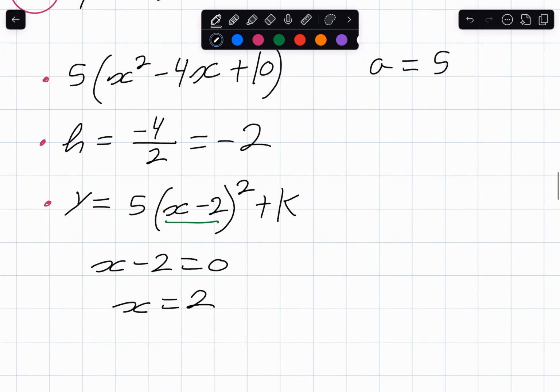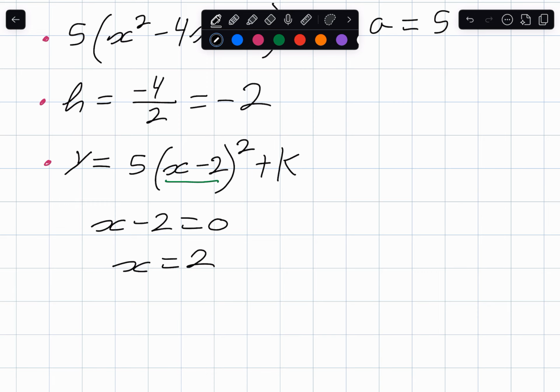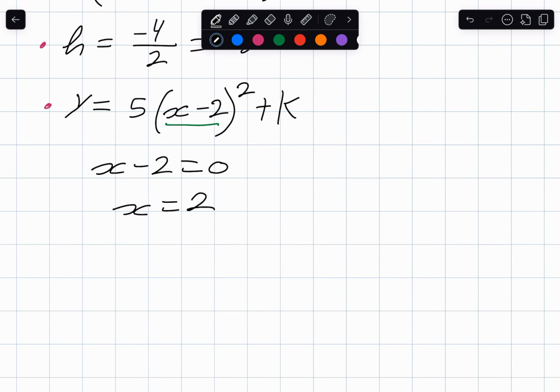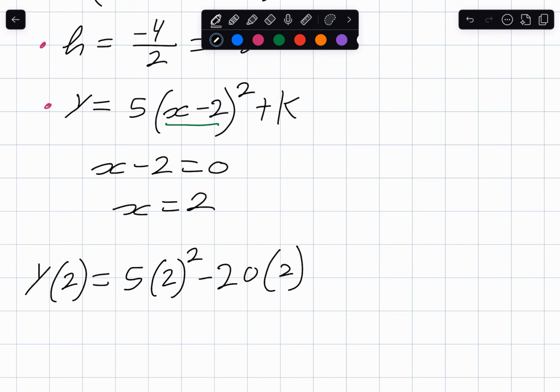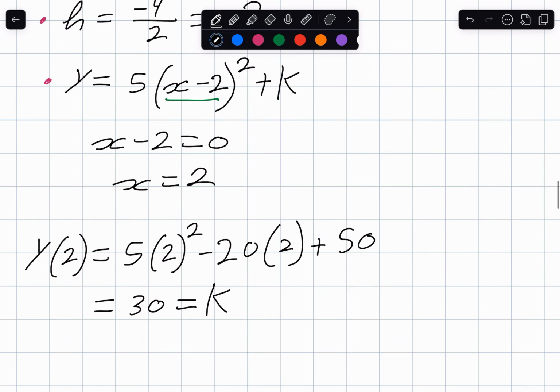And so our x here is going to be minus 2 after simple solving. And now we need to find the corresponding y value, which is the k. So we plug in our x inside our function, and then we simply evaluate, and this is going to give us 30.